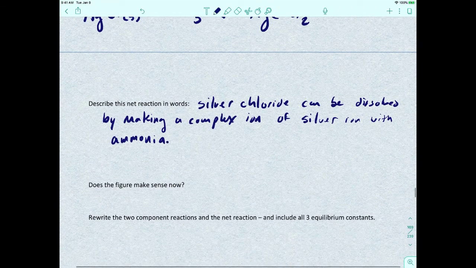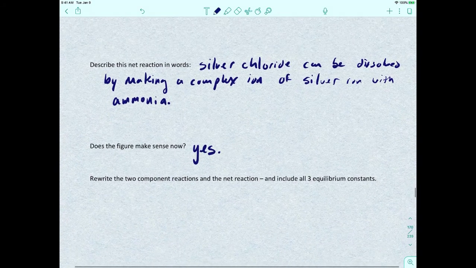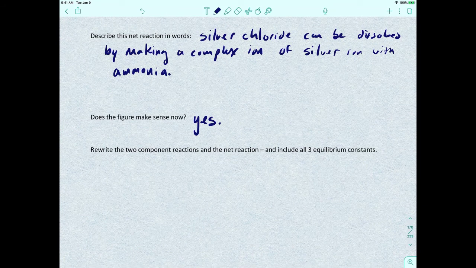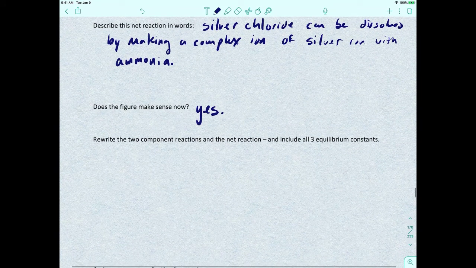Now, does this figure make sense? Yes, because now we understand why this solubility is increasing. We're making it complex.